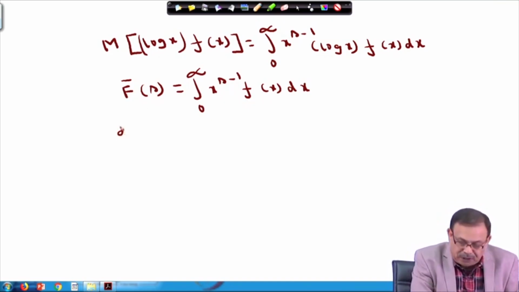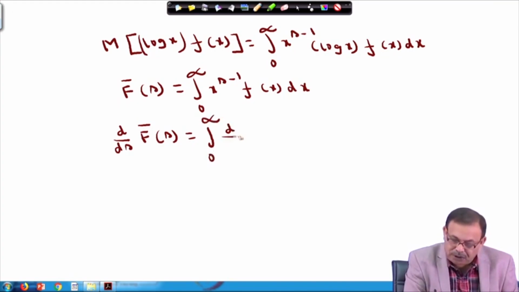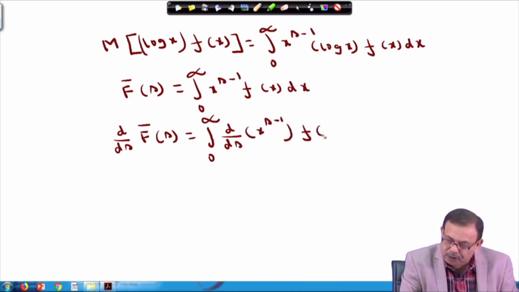Now, if I differentiate with respect to s on both sides, that is d/ds of F bar s equals the integral from 0 to infinity of d/ds of x to the power s minus 1 into f(x) dx.